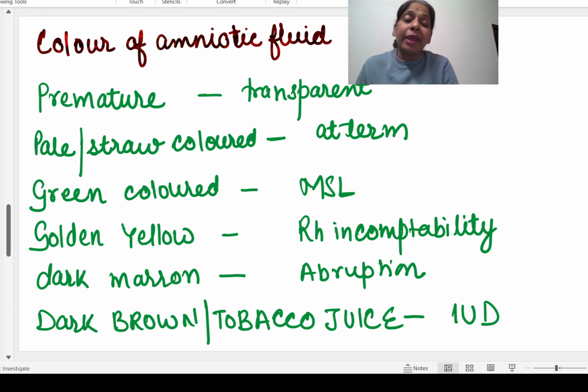So whenever the fetus is in distress, you know that the fetus passes meconium. So before the death of the fetus, many times the fetus must have passed meconium. And you all know when stools are kept for a long time, which color does it become? Dark brown or tobacco juice color. So that is why IUD is tobacco juice color.